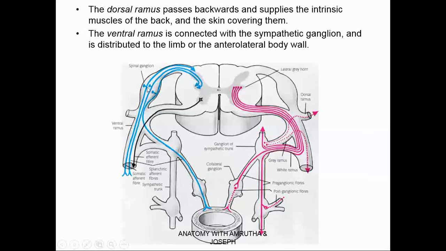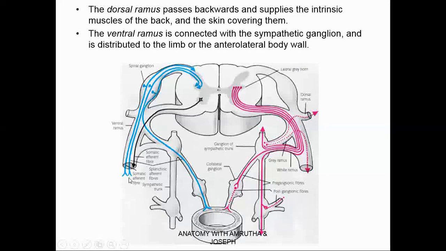Now this is the posterior root where spinal ganglia are seen. Spinal ganglia are the collection of cell bodies of the pseudo-unipolar neurons. There are multiple in number. They have a central process and a peripheral process. The central process obviously goes to the spinal cord, whereas the peripheral process goes in different directions. They can go along with the spinal nerve.